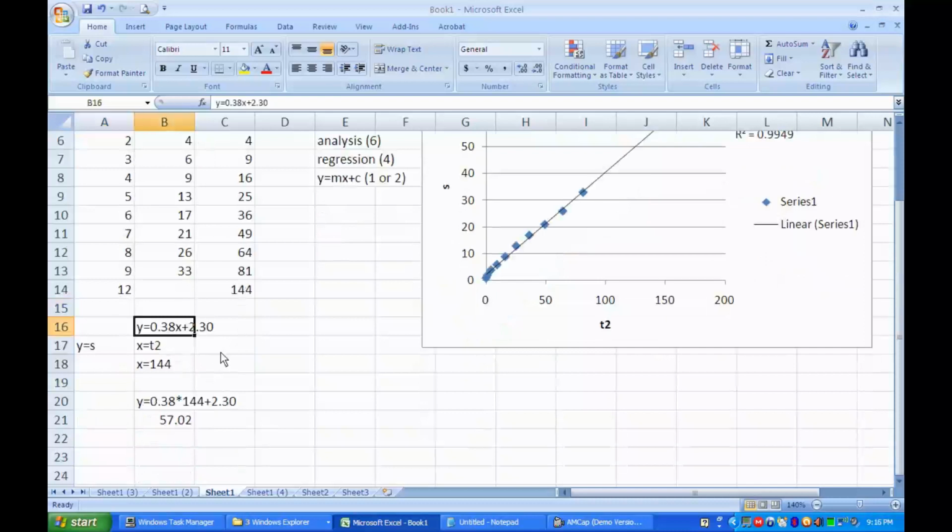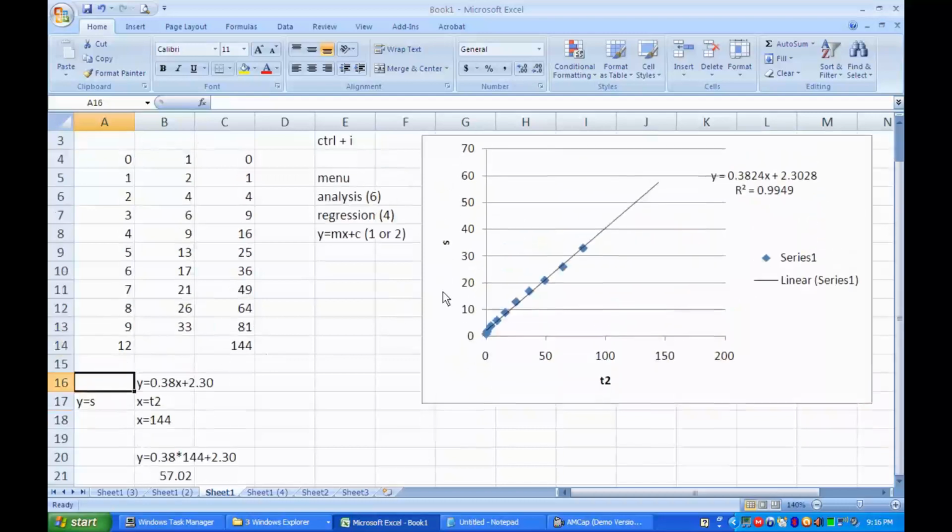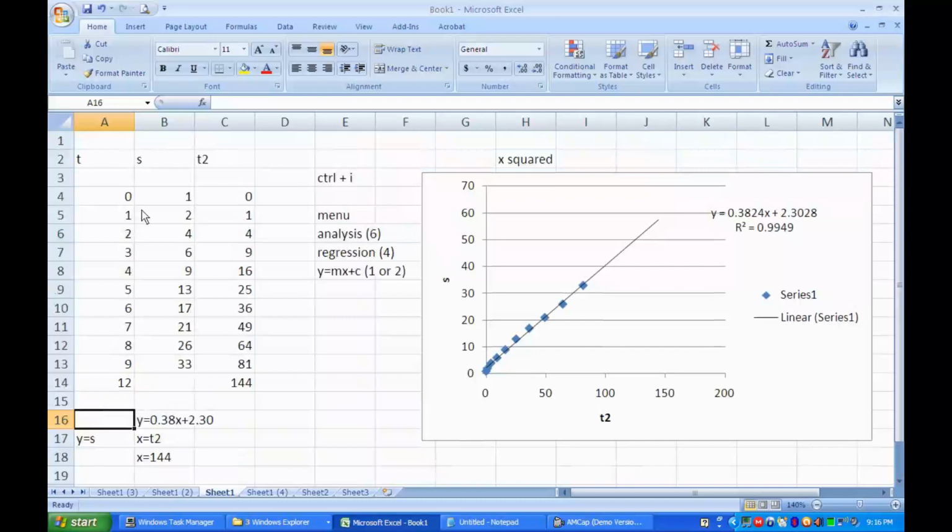Now that's your equation there. So now remember, what we plotted on the vertical axis, or the y-axis, was speed, s. So this y here is actually your speed, s, from up here. Your x here, from this equation, is actually t squared.